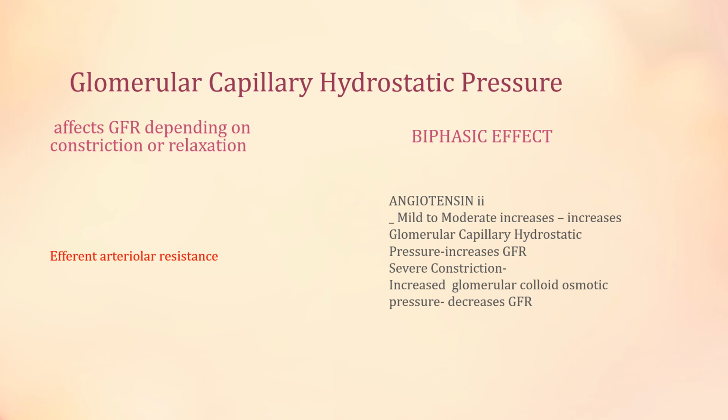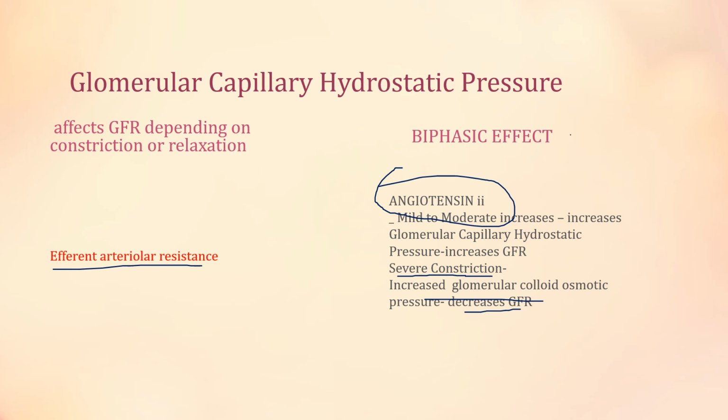Efferent arteriolar resistance is affected by angiotensin 2, and mild to moderate increase raises the glomerular capillary hydrostatic pressure, increases GFR, while efferent arteriolar resistance is greatly increased if angiotensin 2 is increased more than 3 times and increases the glomerular colloid osmotic pressure and decreases the GFR.